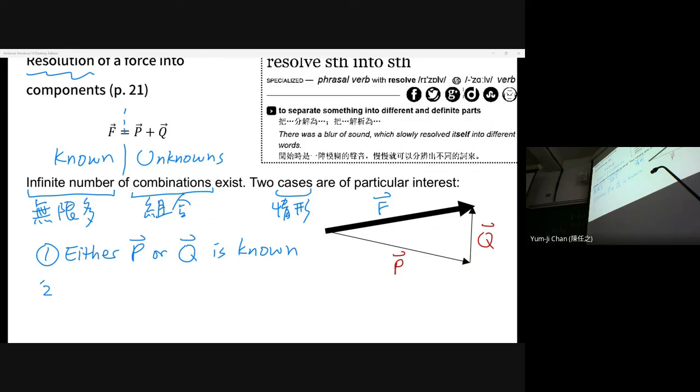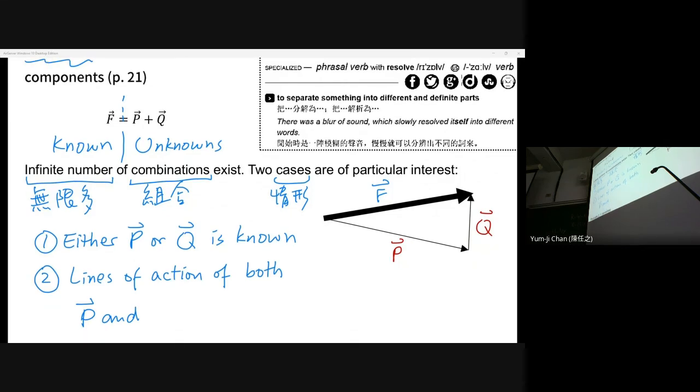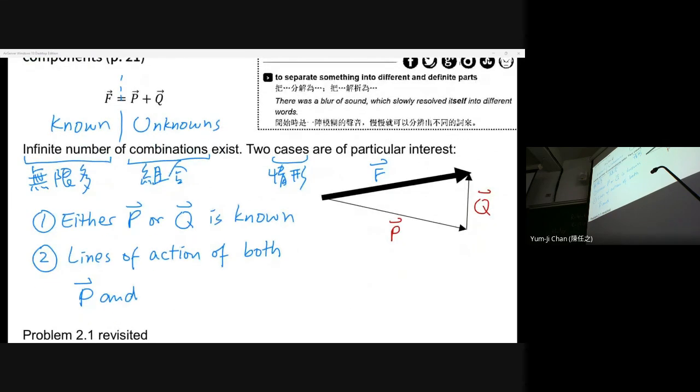And the second one is the lines of action of both P and Q are known. We will talk about these two cases after the break, and you can take time to write them down.